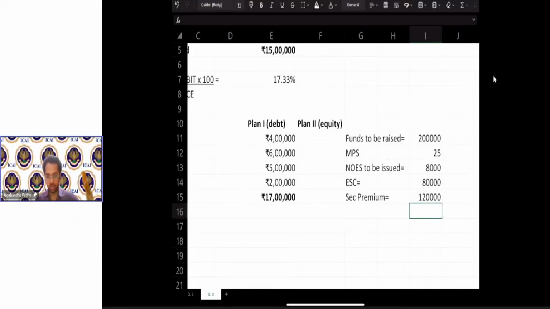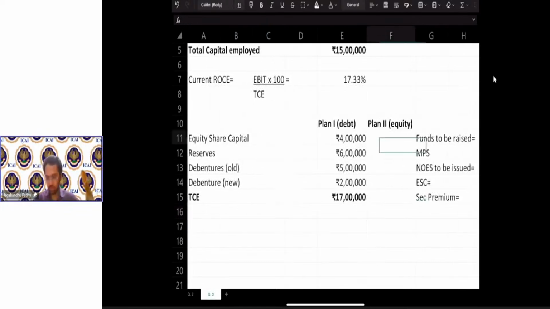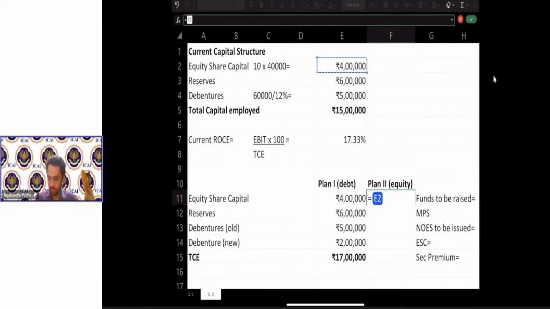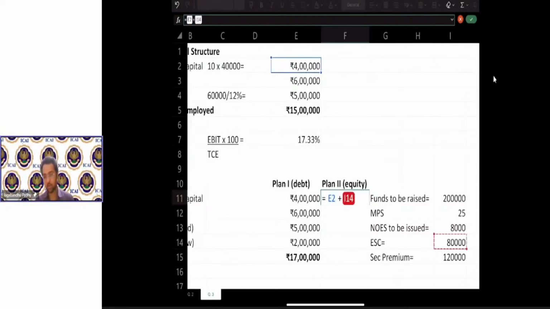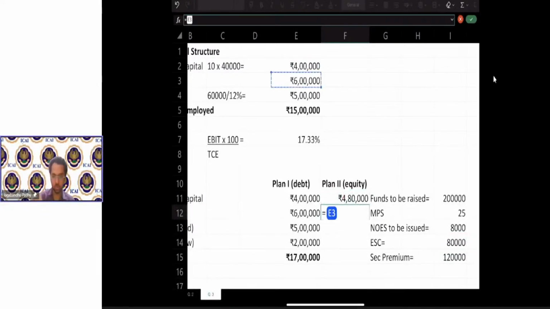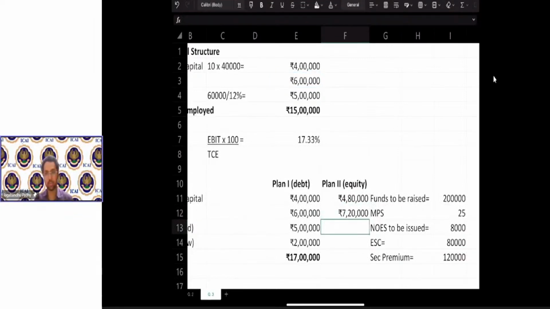So essentially, my new equity share capital will be this 4 lakh plus 80,000. And the reserves are going to be the older reserves of 6 lakh plus securities premium of 1,20,000. So reserves will be 7,20,000.